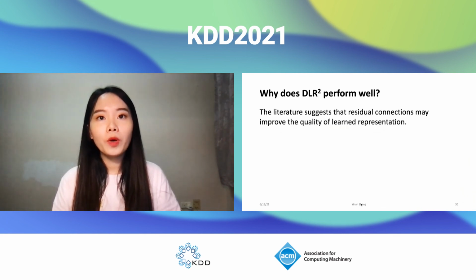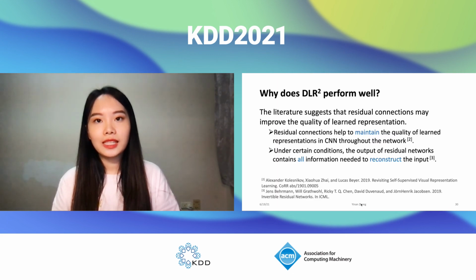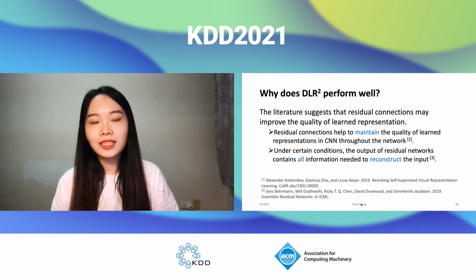The simple model of DLR² has achieved the best performance thus far. We also explored the architectural factors that contribute to its success. The literature suggests that residual connections are invertible and may improve the quality of learned representations, which may facilitate DLR² in fully utilizing the strength of the initialization schemes.